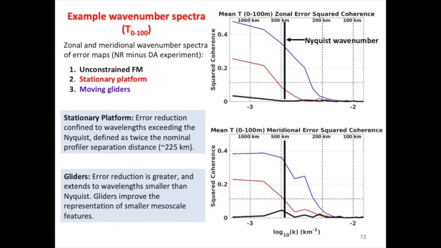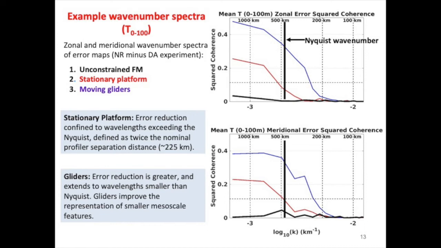Of course, the eddy field representation is totally different between the two in the forecast model. For simulating stationary platforms, the red curve shows that, at least at longer wavelengths, you see significant error reduction and an increase in coherence.